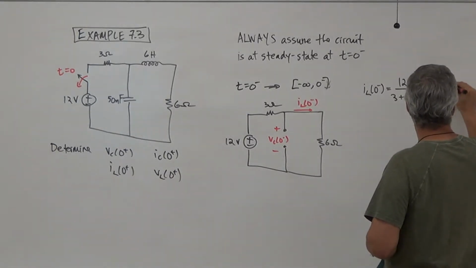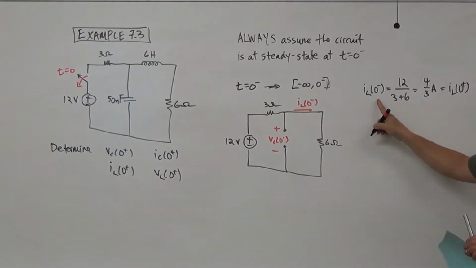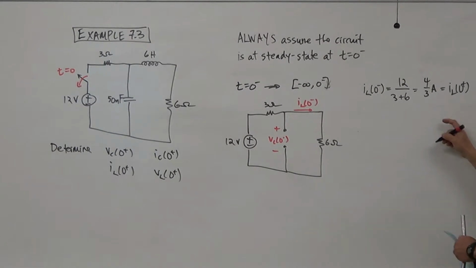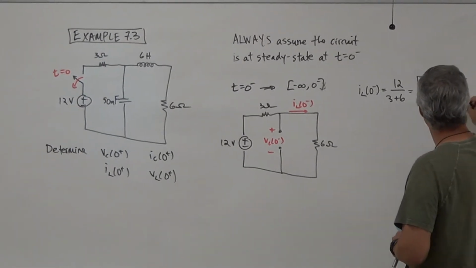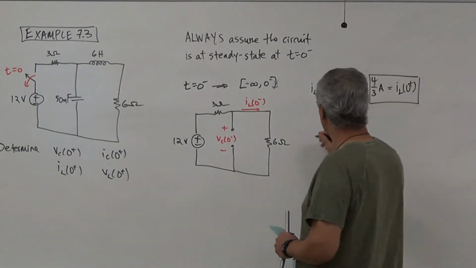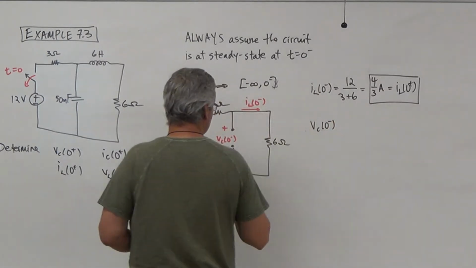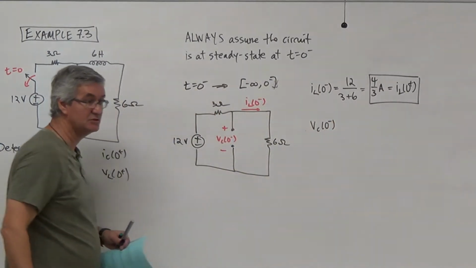Which immediately tells me, remember, I don't care about the minus, I care about the plus. It tells me that I now know the current in the inductor after the switch has been thrown. And if I look at VC, you can see that VC is parallel to the 6 ohm resistor.